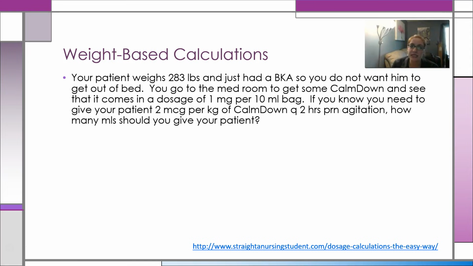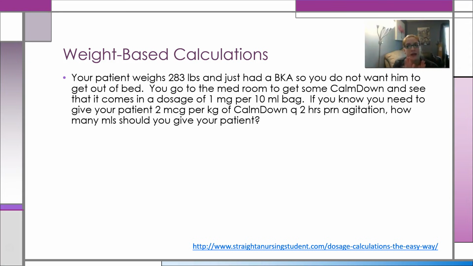If you know you need to give your patient 2 micrograms per kilogram of calm down every 2 hours per agitation, obviously I don't care about that because I just care about how much dosage I should give him every time. How many milliliters should you give your patient?